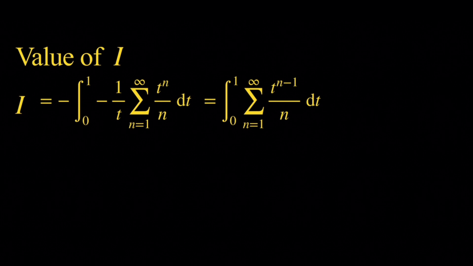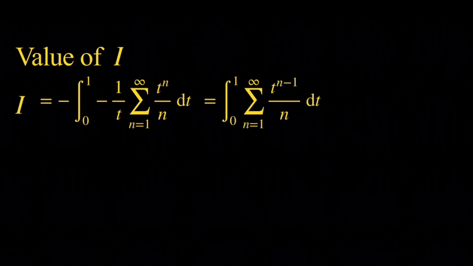Now, we have an improper integral at 1 because if you look at this series, it does not converge for t equals 1. If we take the limit of our series as t goes to 1 from the left, we're going to get the harmonic series. So we have divergence.